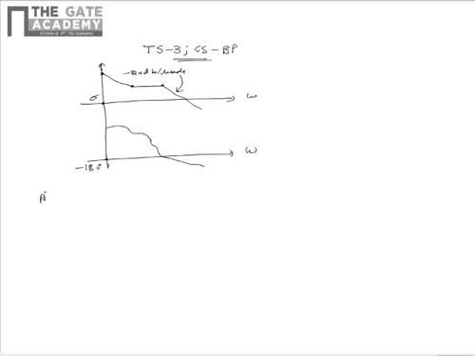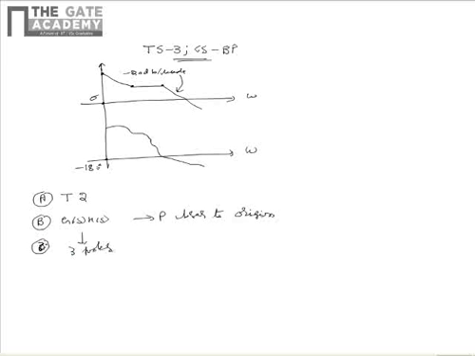There are totally 4 statements given related to this Bode plot. Statement A is type 2 system, and statement B says that the control system's open loop transfer function G(s)H(s) has a pole closer to origin, and statement C says that G(s)H(s) has totally 3 poles.